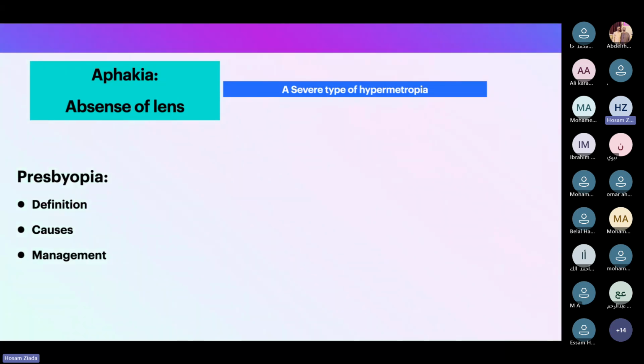Management: the inability is due to weakness, which means less power, right? So the management will be adding power. By which kind of lens, convex or concave? Convex, of course. So reading glasses with convex lenses. Contact lenses, multifocal lenses, maybe bifocal for far and for near, or multifocal for far, intermediate and near distances.